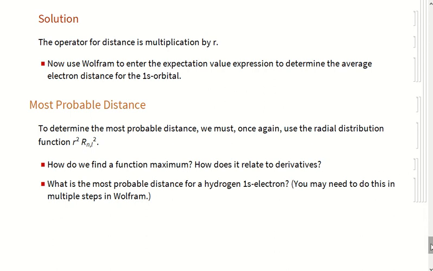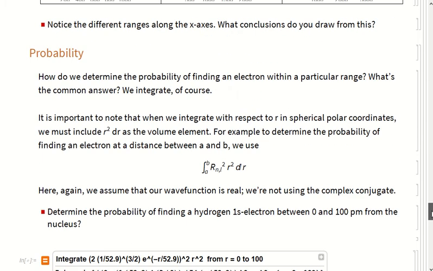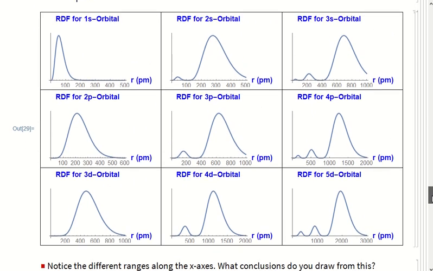As you calculate the most probable distance, compare it to the average distance, and also ask yourself if, given the radial distribution functions shown here, and since we're dealing with a 1s orbital, we're talking about this one, that value makes sense.